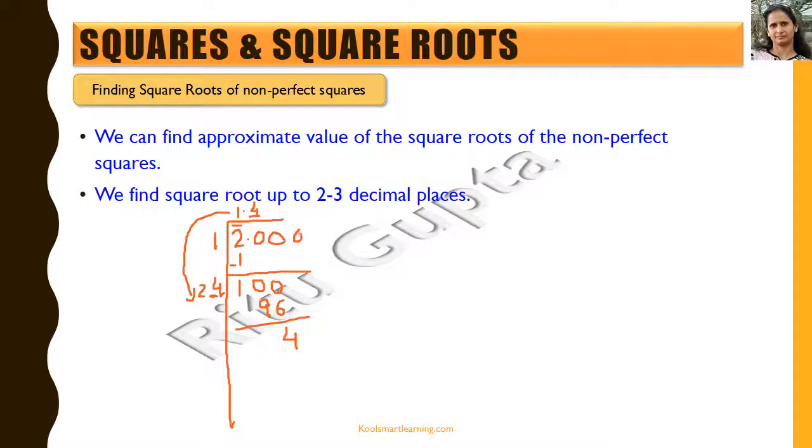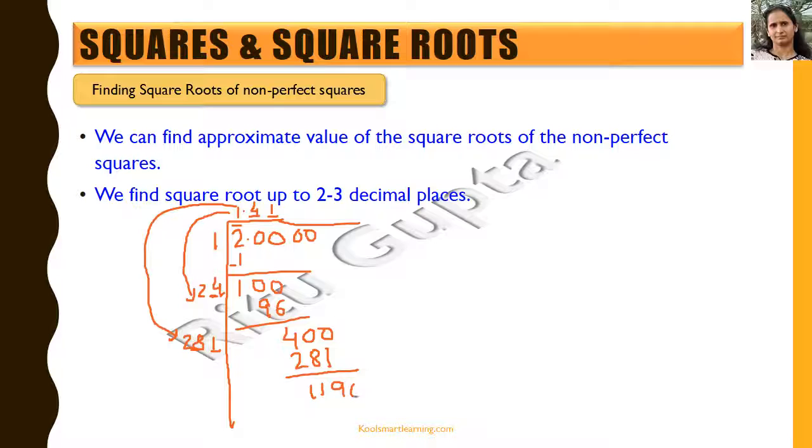Now we place 2 more zeros and bring them down, and we take the double of this, which is 28, and put a dash in both areas. Now 282 multiplied by 2 will become more than 400, so we take 1 over here. 281 multiplied by 1 is 281, which we place here. On subtracting we get 119.